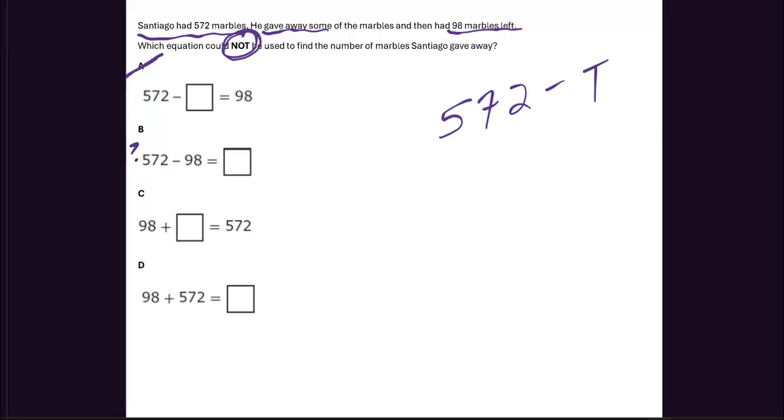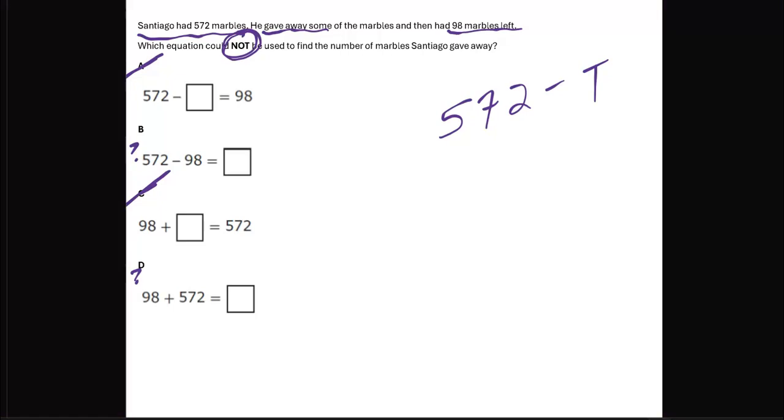Okay. So let's look at C. 98 plus blank equals 572. Well, we know the total goes after the equal sign, so yes, that one is correct, but they want the one that's not correct. Okay, so here we are, we're stuck between these two right here. Now, let's think about this. 572 minus 98.